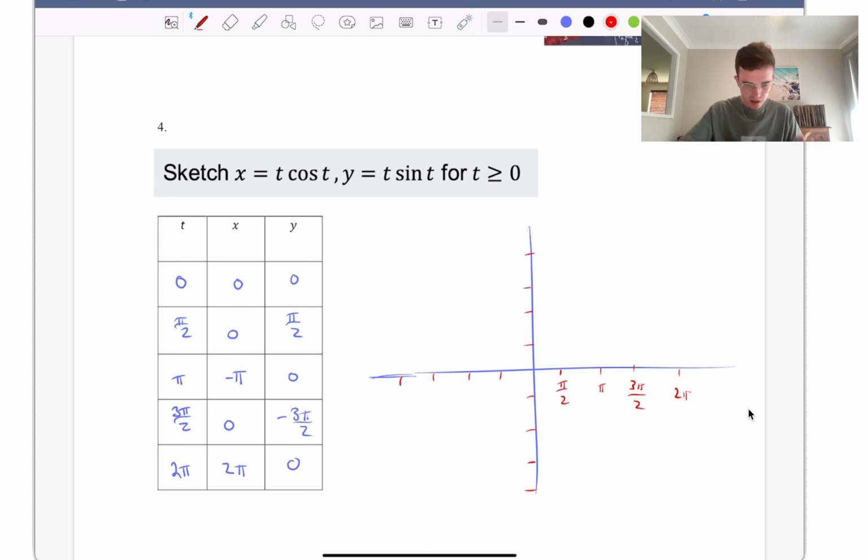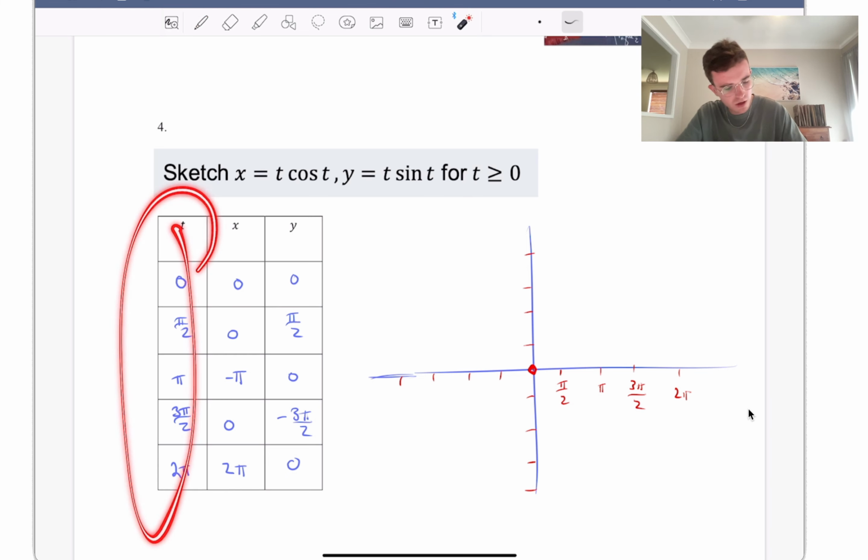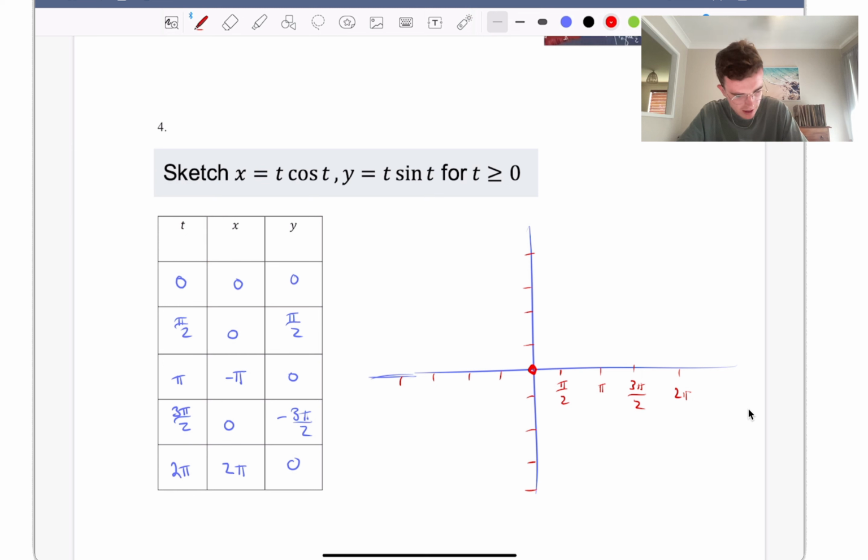Okay, so we've got 0, 0, 0, we're starting at the origin, then we've got pi on 2 for t. Now we're not graphing t, t is just our parameter, we're graphing x and y still. So x is 0, y is pi on 2. So we're going up to pi on 2.